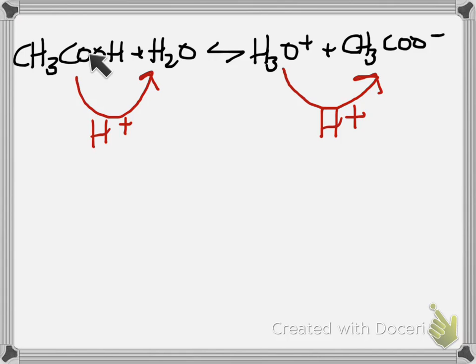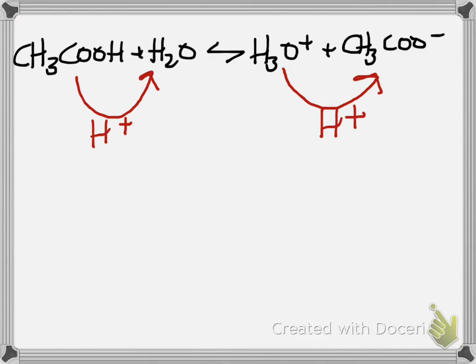And so this reaction can go backwards as well. This is a strong enough base that it can force the protons to be donated to it, and it can drive the reaction back towards the left. So we have a weak acid with a strong conjugate base.